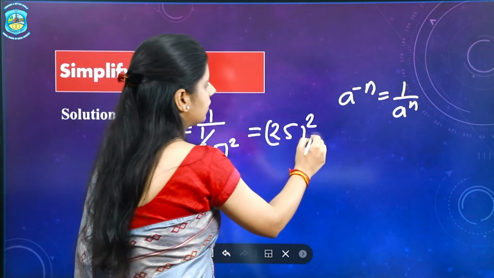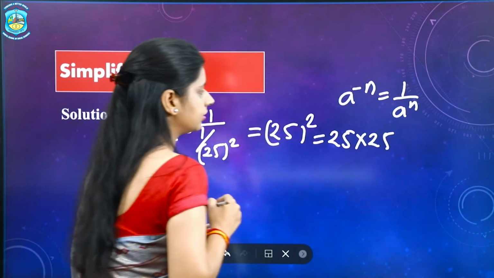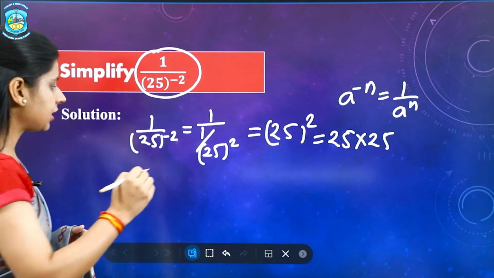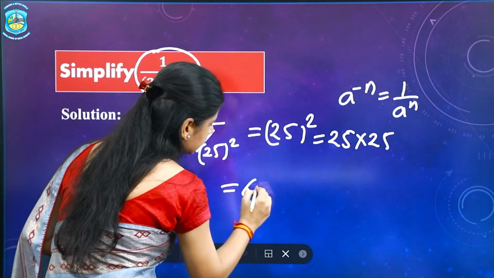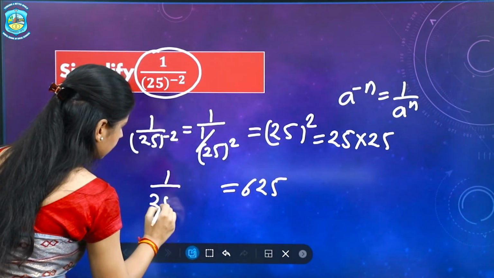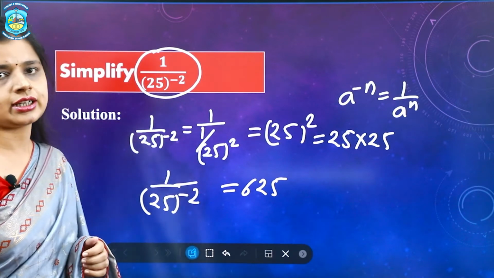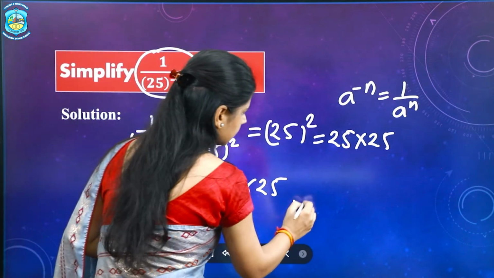That is, we must get 25 into 25. When we multiply, we will get 625. So, 1 by 25 to the power minus 2 is 625. That's our answer.